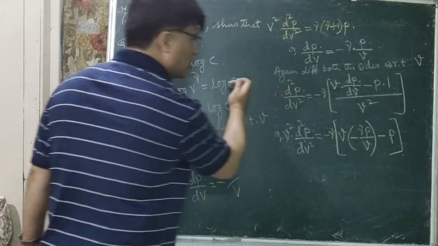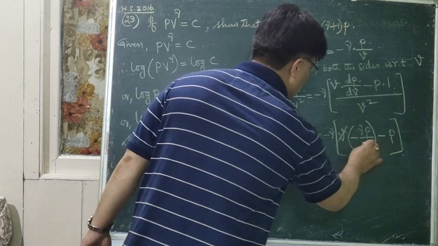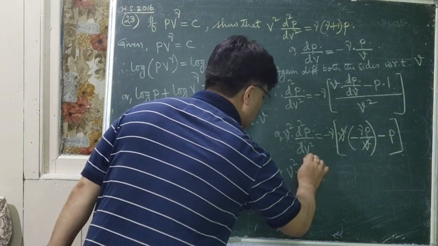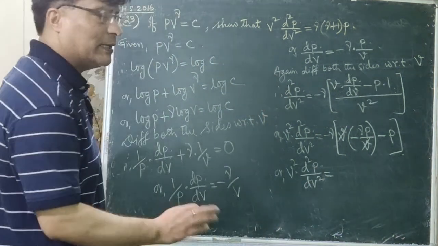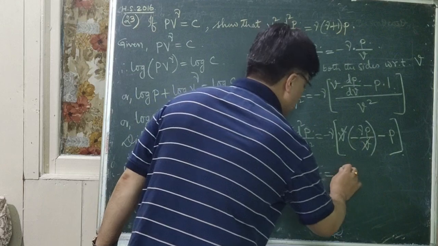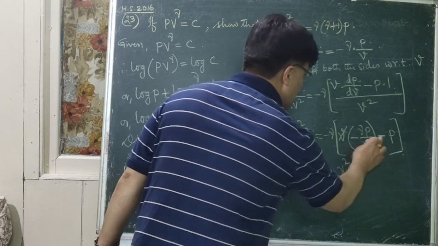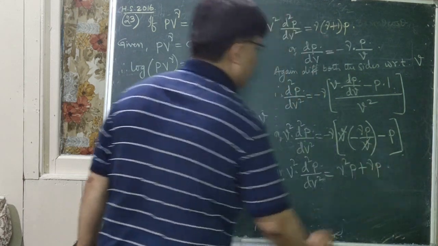So v square is taken to the left hand side. It is cross multiplied. Okay. So here v v gets cancelled. So v square into d2p by dv square is equal to, now multiply them. So it is minus into minus is plus gamma square p. So again minus into minus plus gamma into p.